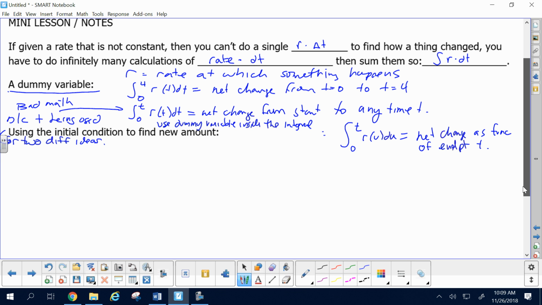Okay. This does represent number of problems done in those 15 minutes. But it doesn't represent how many total problems he has done altogether, because he might have started with 3 problems done in class, right? So in this next case here, you sometimes are going to use an initial condition to find a new amount.